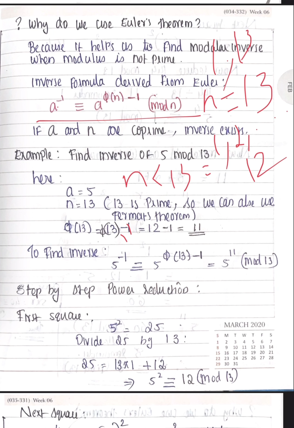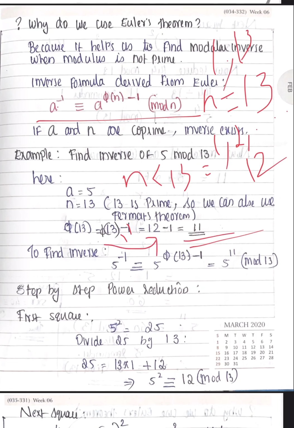These numbers are not divisible by 13. So the total number coprime with 13 is 12. 12 numbers are counted, so phi of 13 equal to 12. 12 minus 1 equal to 11.